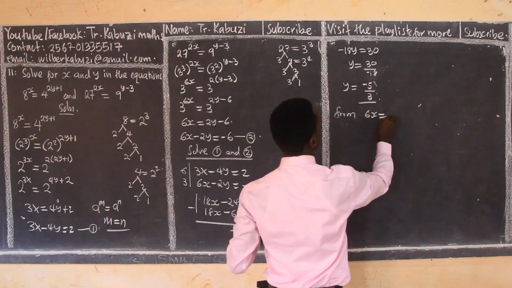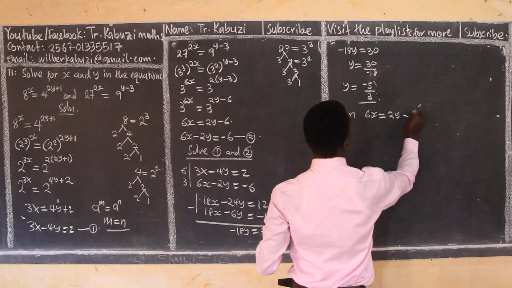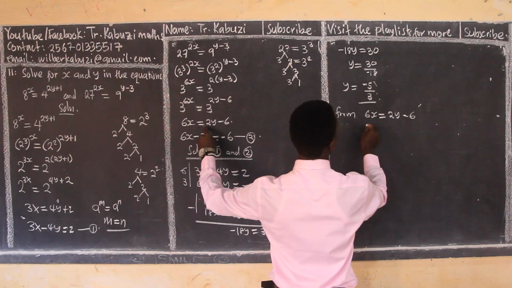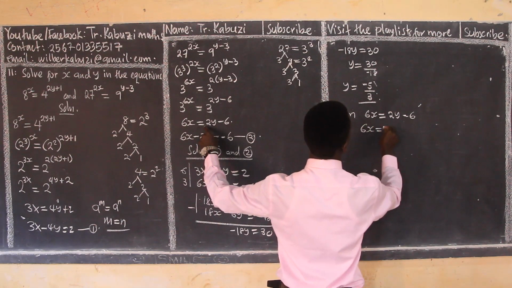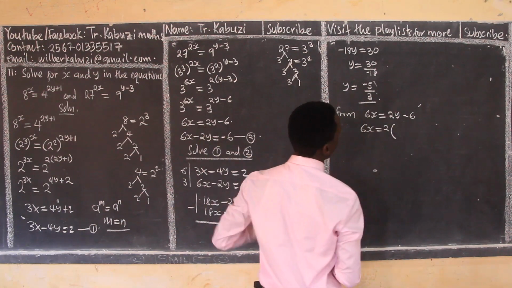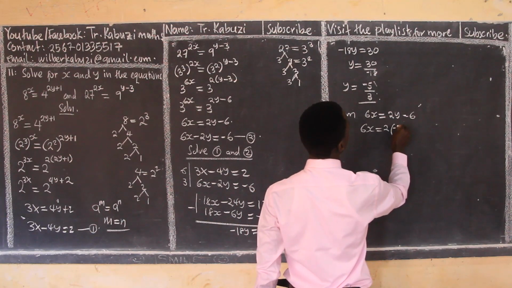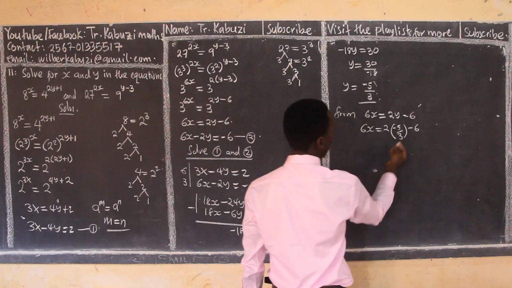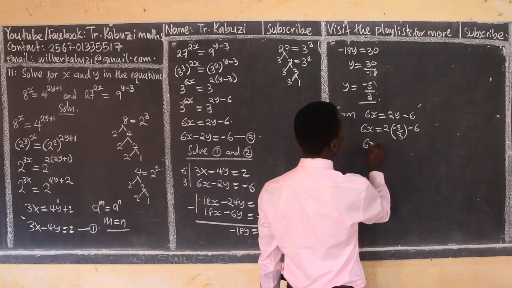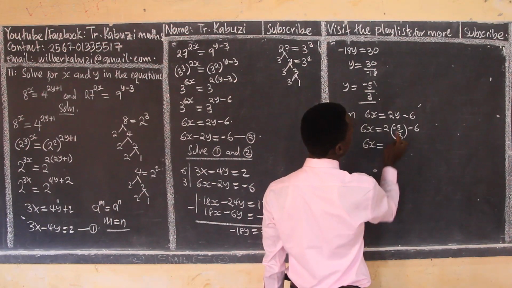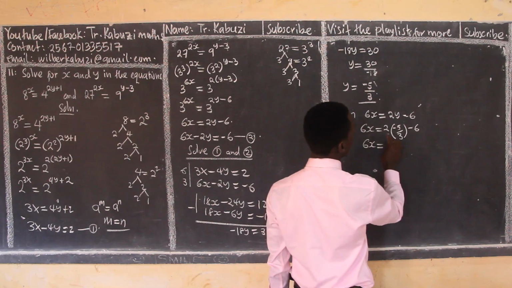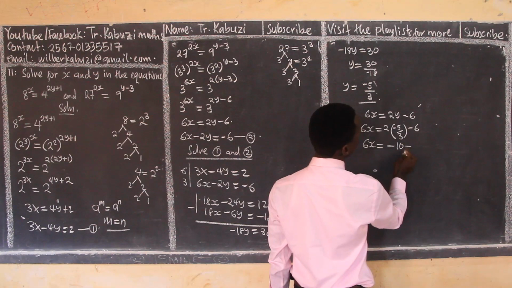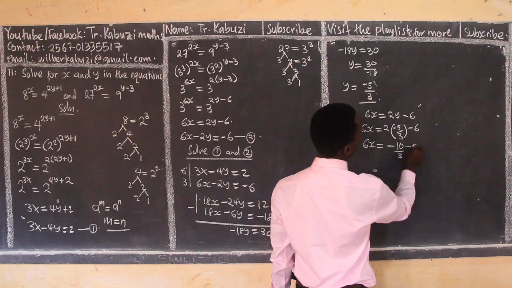So I can say from 6x equals 2y minus 6, from this equation here. So now my 6x will be 2 into the value of y, which is negative 5 over 3, minus 6. You can get a calculator. So our 6x will be negative 10 over 3 minus 6.